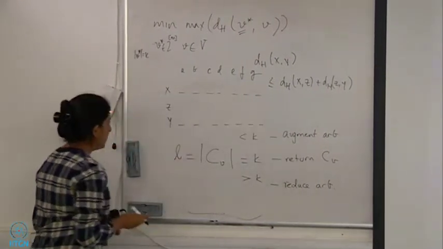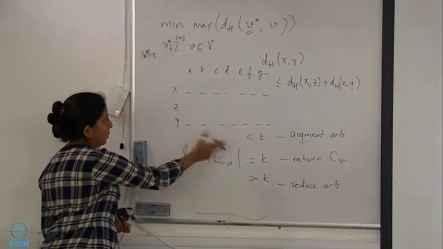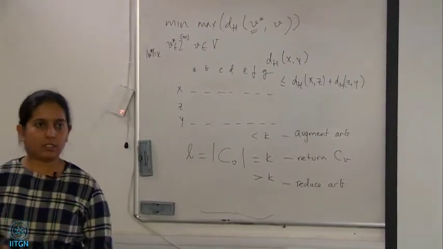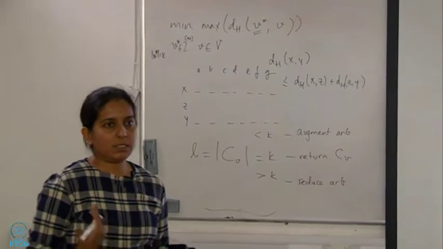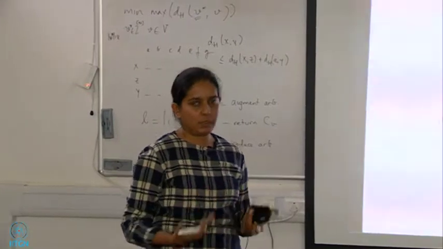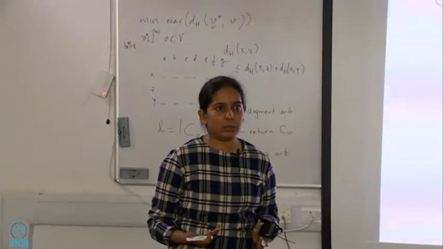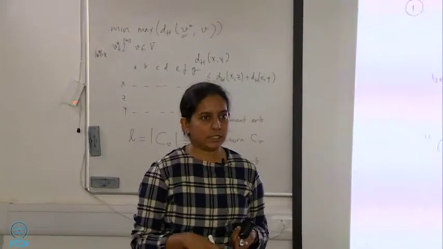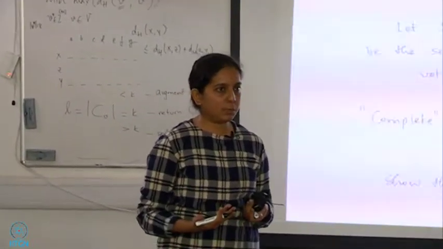So the Hamming distance between x and y is going to be all positions where the characteristic vectors differ. Because it's the symmetric difference, right? If they're both 0, then they don't disagree. That doesn't contribute to the symmetric difference. And if they're both 1s, then those elements lie in the intersection, so that also doesn't contribute to the symmetric difference.